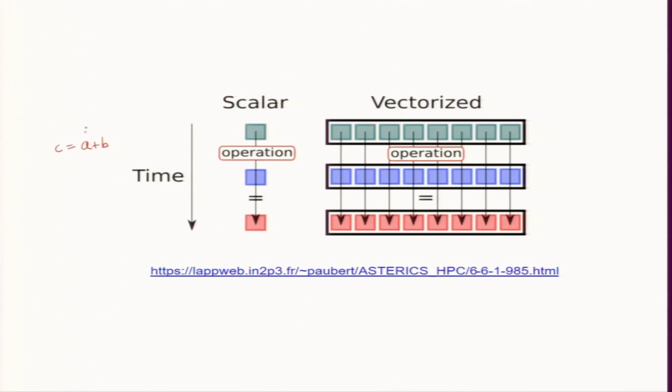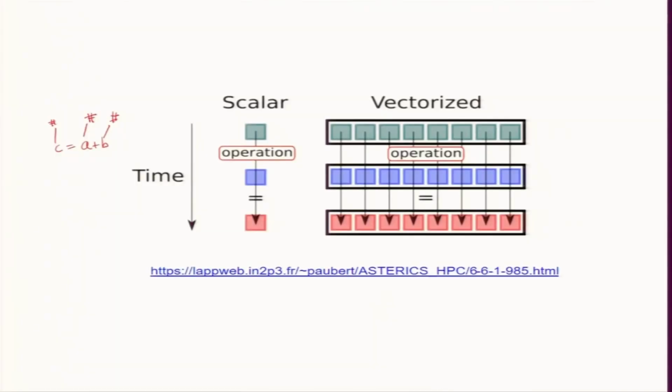A and b are numbers, and c is also a number. I get one operation, maybe a few nanoseconds, and it requires fewer registers. For A I need 8 bytes, B 8 bytes and C 8 bytes.